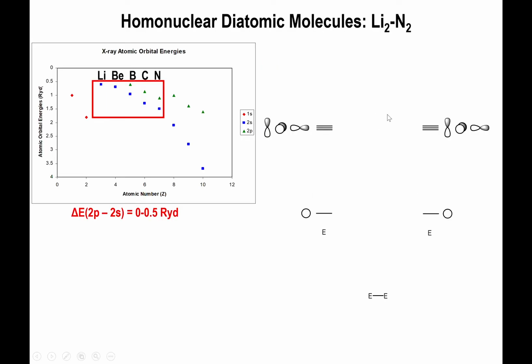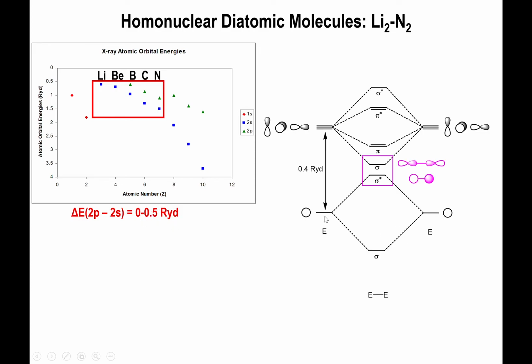But all right, now to finish this up, let's take a look at lithium through nitrogen. For these molecules, the energy separation between the s and the p orbitals is actually kind of small. It's only between 0 to 0.5 Rydbergs.